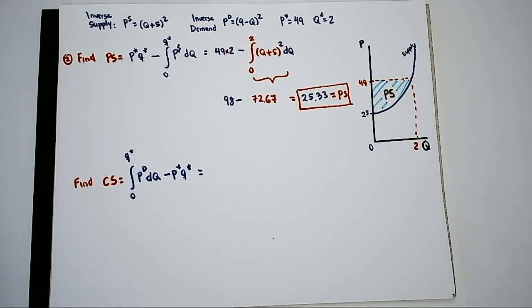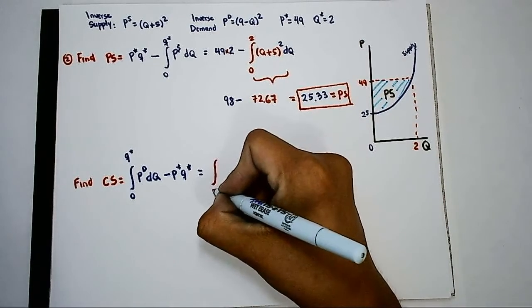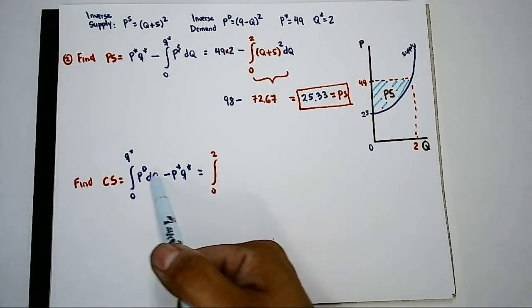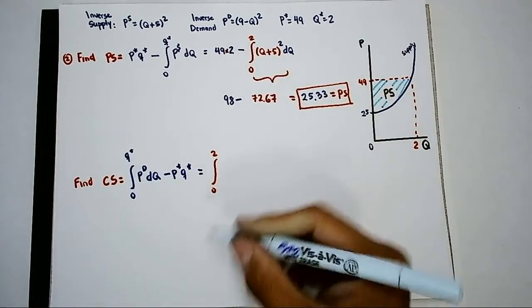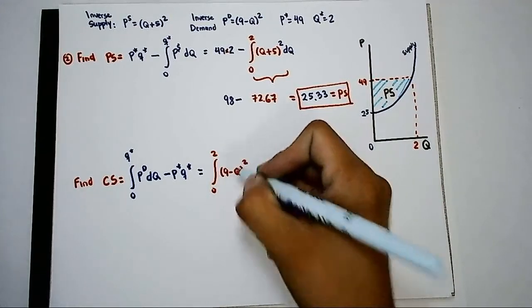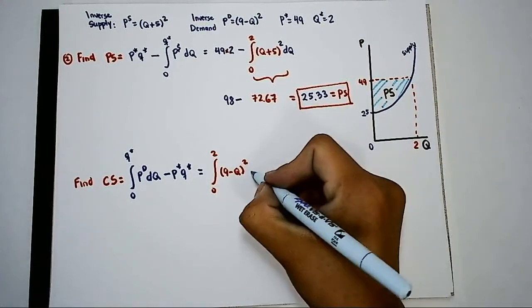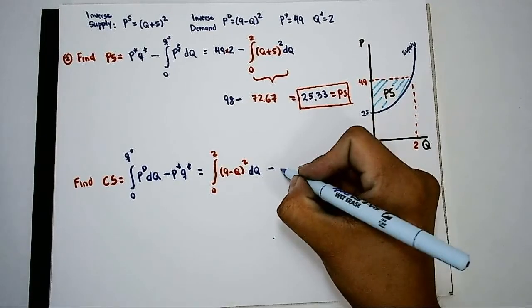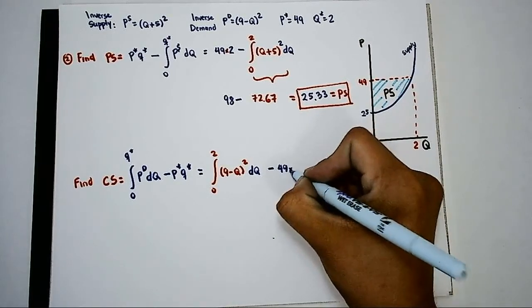This is equal to the integration from 0 to 2 of the inverse demand, which is (9 − Q)², dQ, minus 49 times 2.